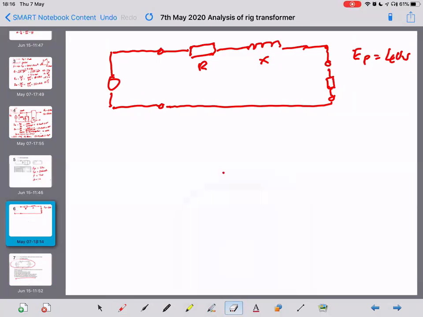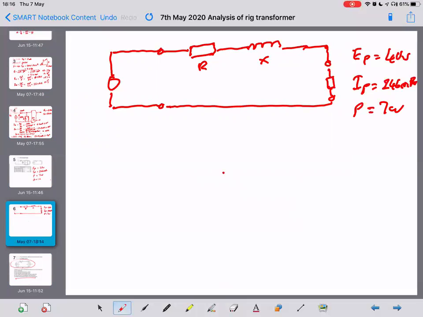So at the moment, on our open circuit test, we got 40 volts for the primary. Primary current was 246 milliamps, and power 7 watts.